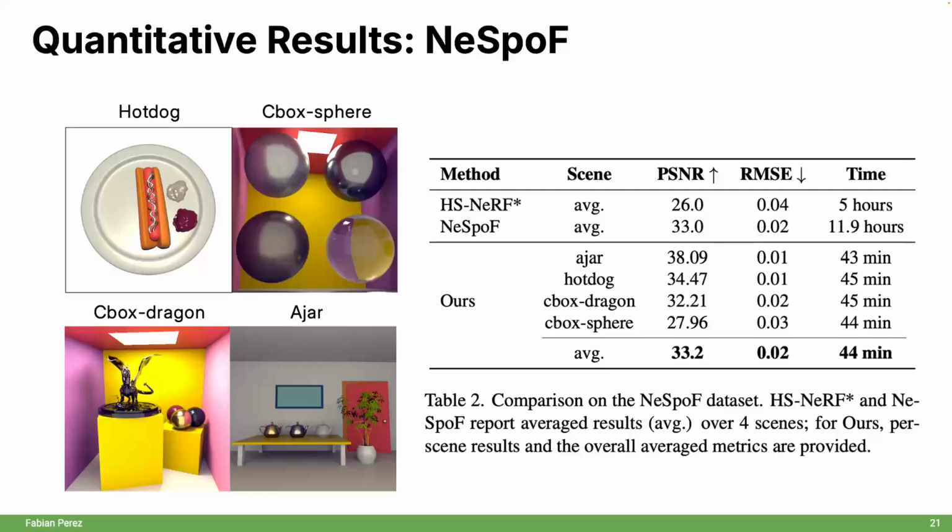On the NeSpoF test scenes, UnMix-NeRF delivers state-of-the-art novel view quality, higher PSNR and equal or lower root mean square error than Hyperspectral NeRF and the NeSpoF method, while trained in minutes rather than hours.